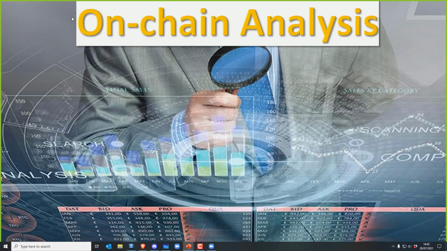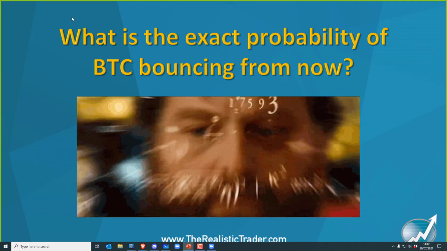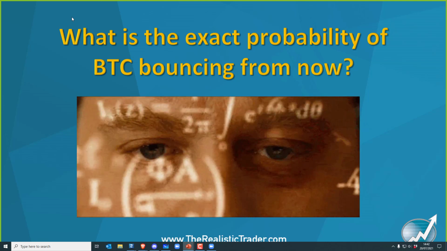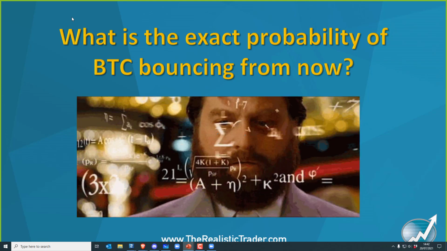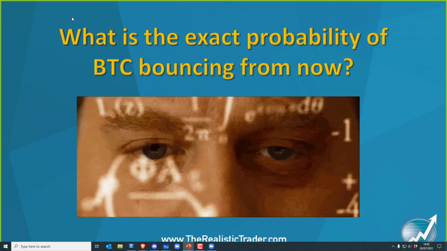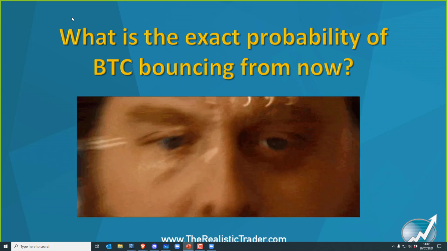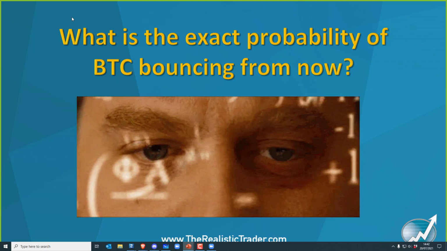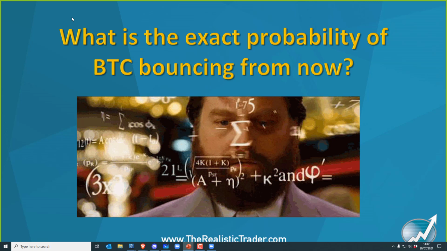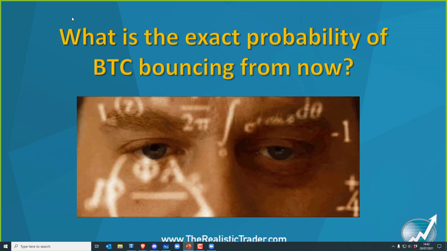So this then leads us into on-chain analysis. What is the exact probability of Bitcoin bouncing up from now? Instead of plucking a random figure in the air, with on-chain analysis, you can actually find an exact percentage probability.